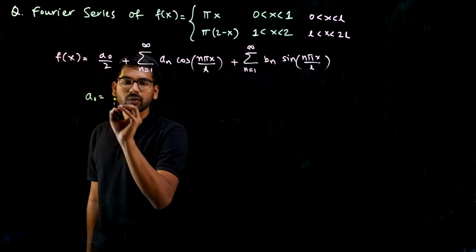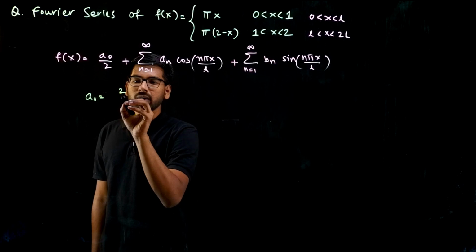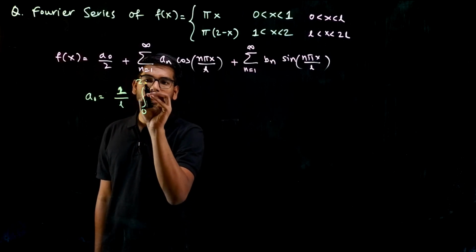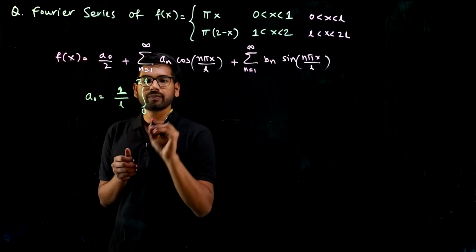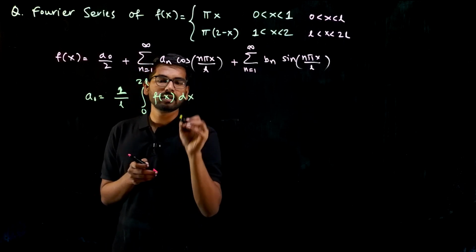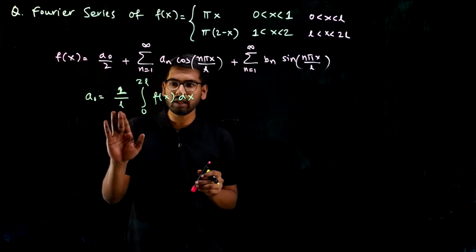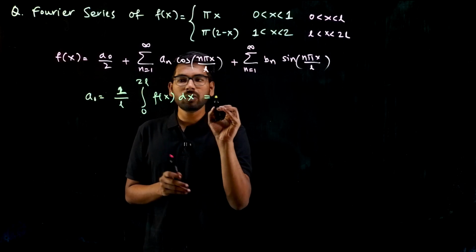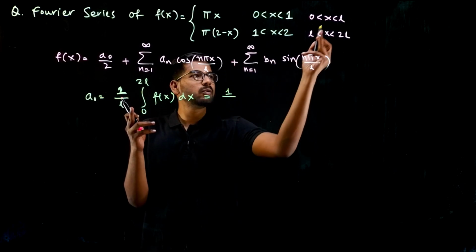So what is a0? a0 is equal to 1 by L, integral from 0 to 2L of f(x) dx. So this is a0. 1 by L is what? L is 1.